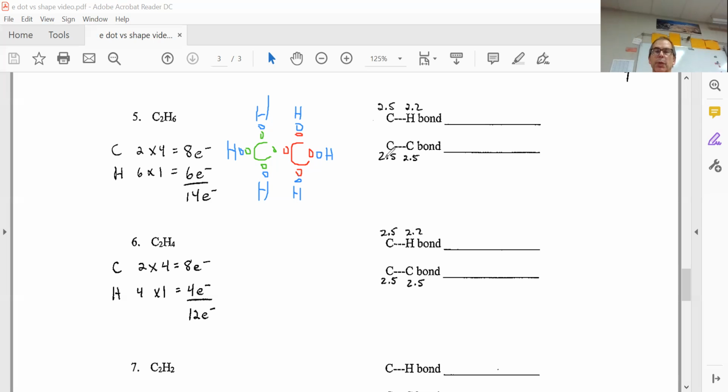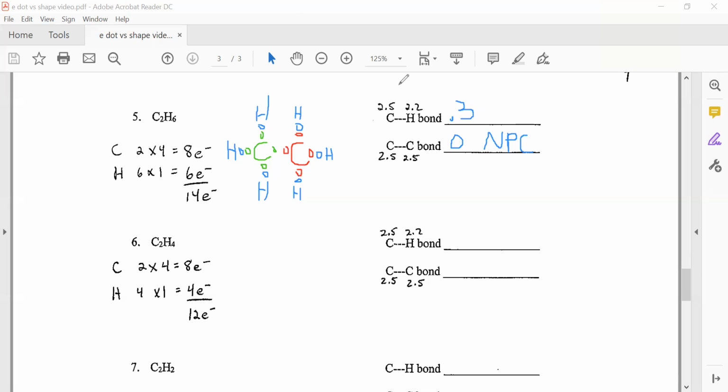Okay, what's the difference between 2.5 and 2.5? It's 0. Well, I know that is NPC, nonpolar covalent. 2 of the same things are going to pull with the same force. Okay, what about between 2.5 and 2.2? What's the difference? It is 0.3, and I believe we said, even though that's slightly polar, we classified that as nonpolar covalent in our little chart.